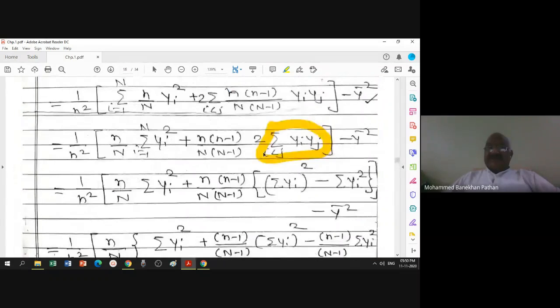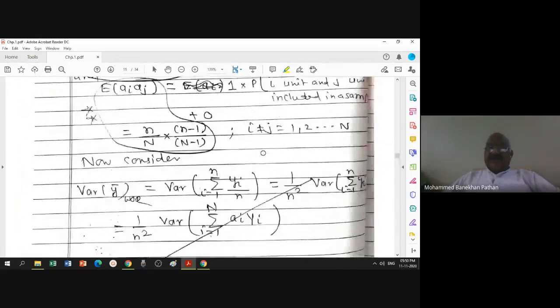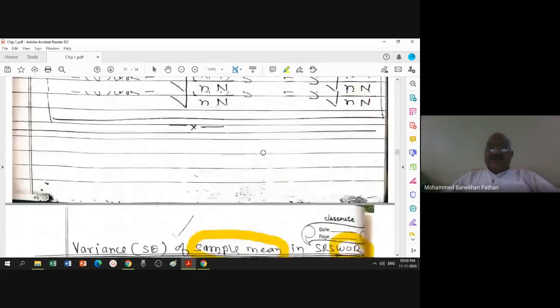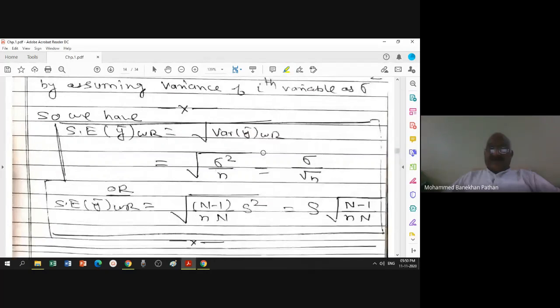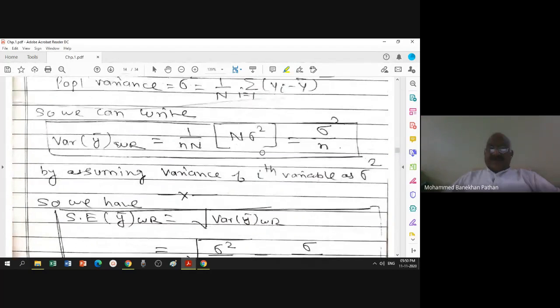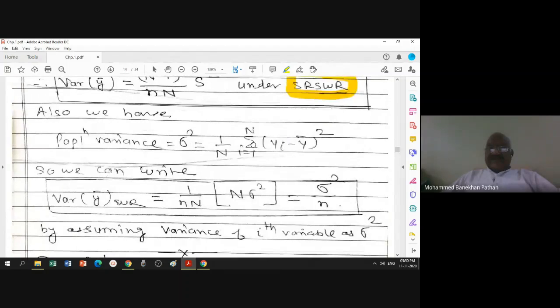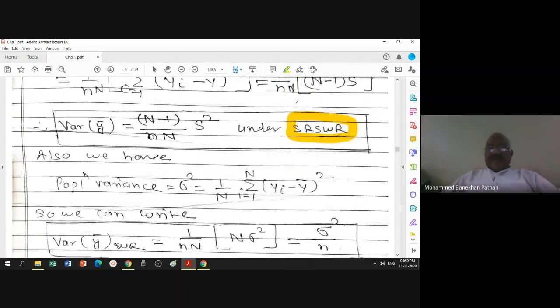Under with replacement, N comes here, S square by n, and the factor is 1 minus 1 upon N. If N is very large, 1 upon N becomes 0, 1 minus 0 is 1.